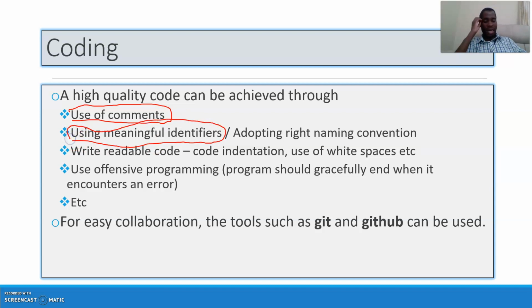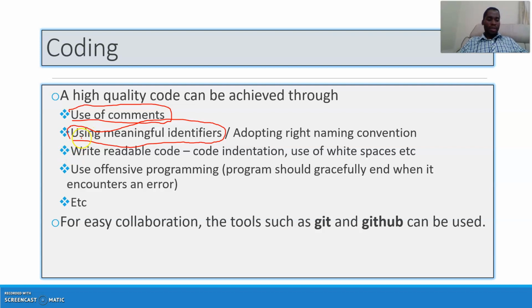Try to use identifiers that make sense. Sometimes programmers may go crazy and use identifiers that only make sense to them, but we are not writing programs for ourselves. We write programs so that other programmers should be able to understand. So when you are naming anything in programming, make sure that you are using meaningful identifiers. We are going to look at this in detail when we start the lab sessions.